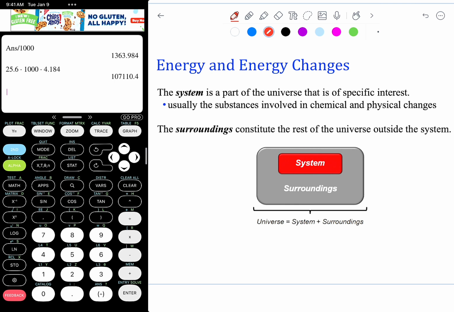I'm not going to talk about the universe in some deep philosophical way. We're just going to think of it as the rest of the world around us, okay? We're not here to get deep about physics and astrophysics and everything else, like what makes up the universe. We're just going to consider the system as what we care about, and the surroundings is everything that's around it. And when we add those two things together, those are going to equal the universe.